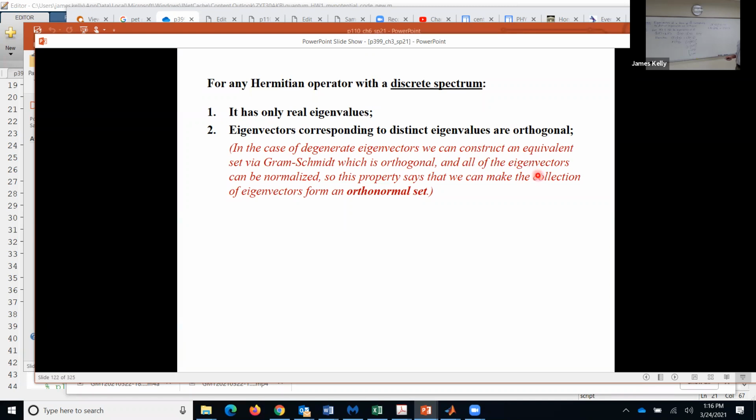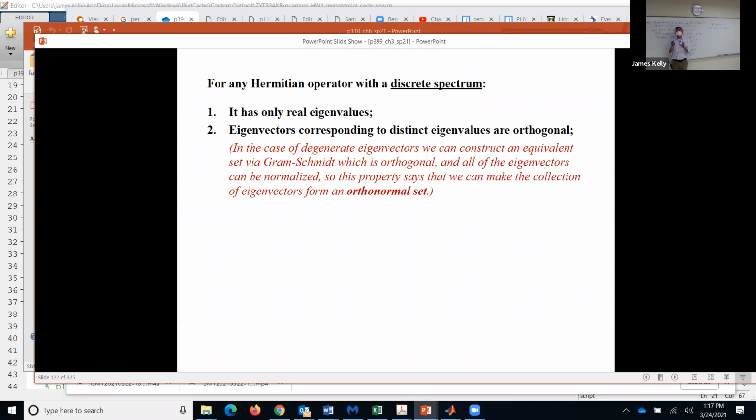If you do have degeneracy, the states that are degenerate might not be orthogonal to each other. But you can always make them orthogonal and then normalize them. And I can normalize any state that I have so that I end up getting an orthonormal set. So if I have a Hermitian operator and I find all of its eigenvectors and it corresponds to a discrete spectrum, some of the eigenvectors might be degenerate states and they might not be orthogonal to each other. So the proof doesn't apply there.